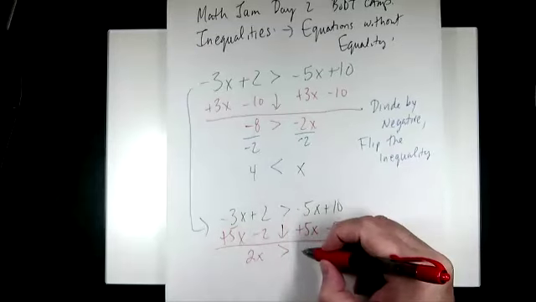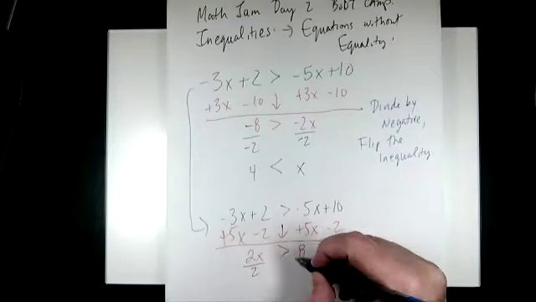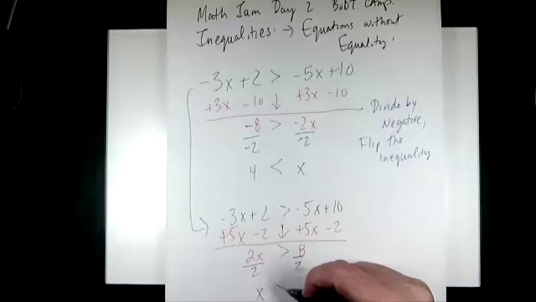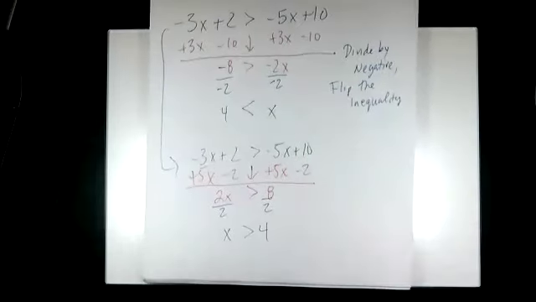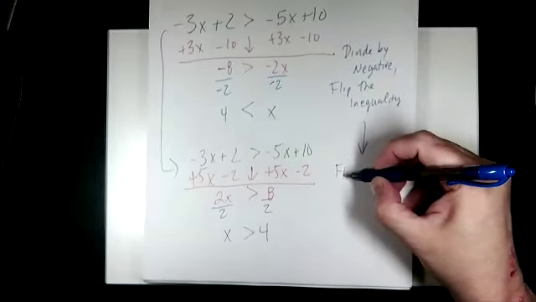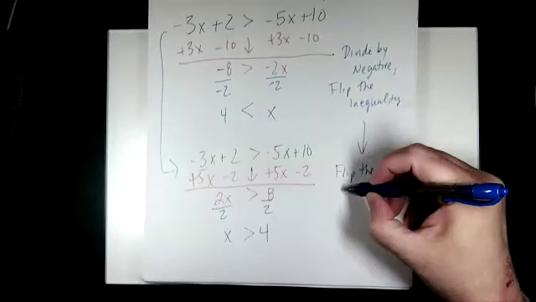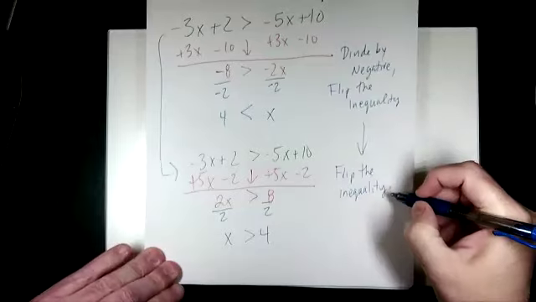I have 2x is greater than 8. I divide by 2. I get x is greater than 4. So the other time we flip the inequality, if we swap sides without any operations.